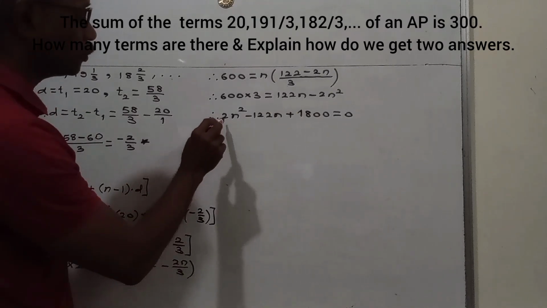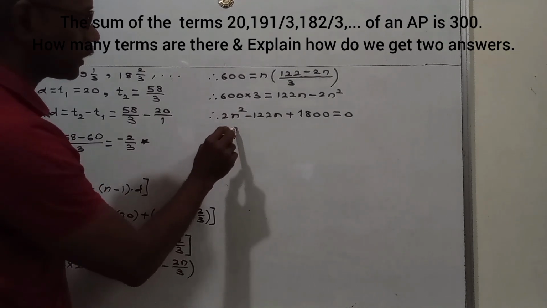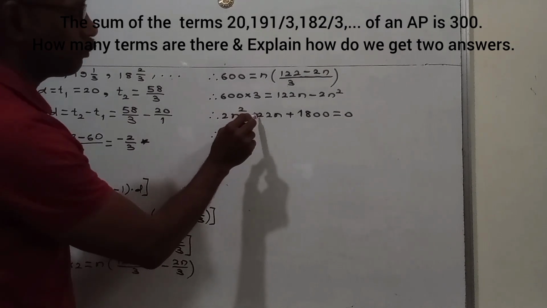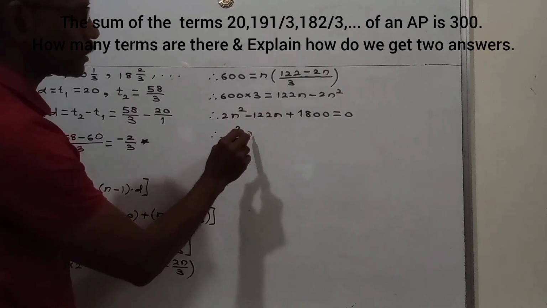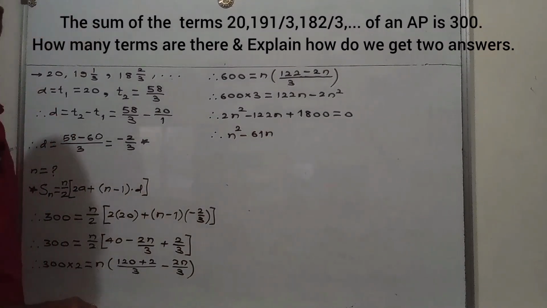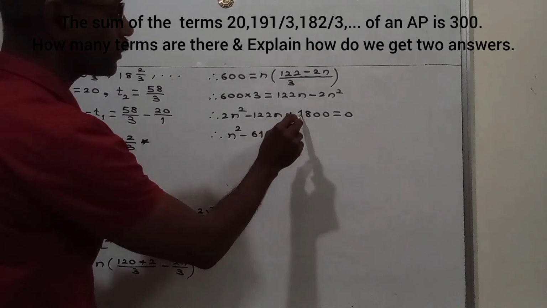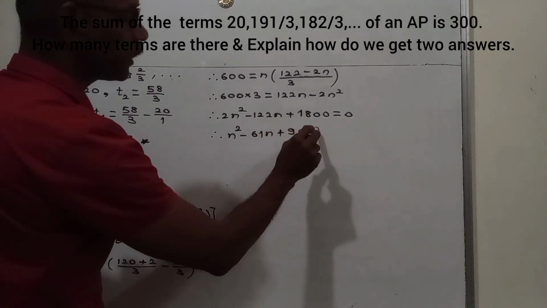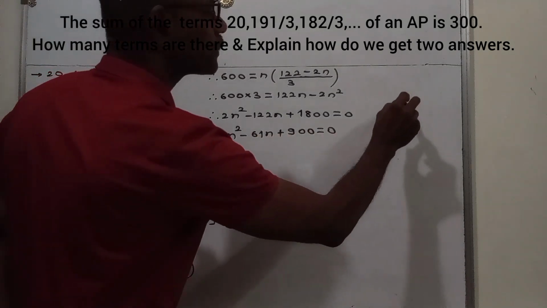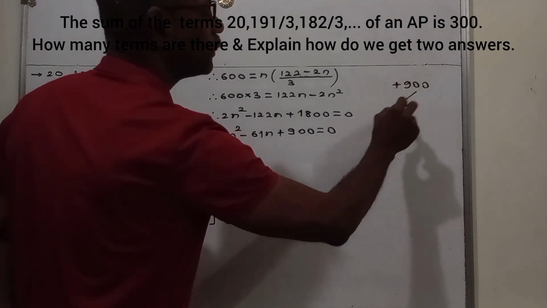Dividing both sides by 2: n square minus 61n plus 900 = 0.